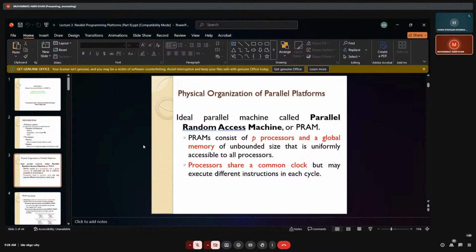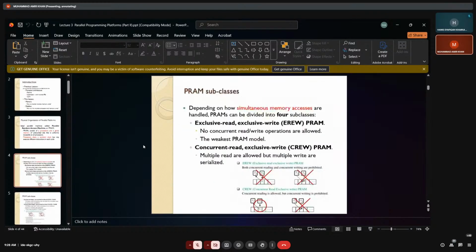Processors share a common clock but may execute different instructions in each cycle. Depending on how simultaneous memory accesses are handled, PRAM can be divided into 4 subclasses.